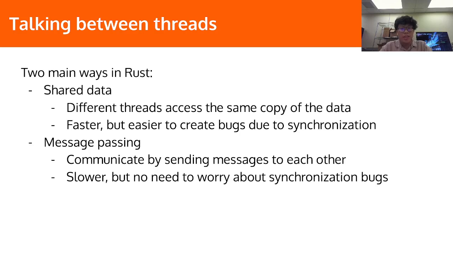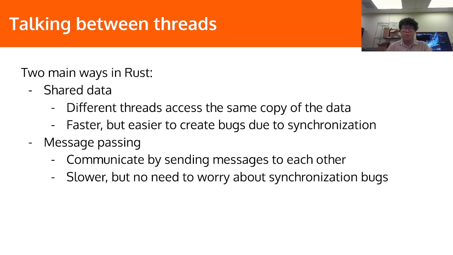When different threads access the same copy of the data, it is faster because there's only one copy and you don't have to copy it between multiple places. But it's also easier to create bugs due to synchronization. Imagine if one thread tries to update it while another thread is trying to read it, and this will cause other problems. After spring break, we'll learn how to deal with shared data and do it correctly in Rust.